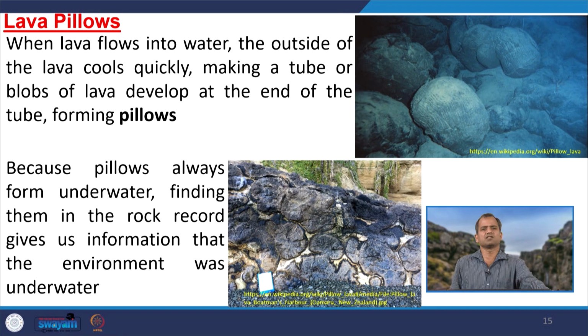Another is the pillow lava. It is very important. If you remember, when we talked about the divergent plate margin system, we talked about the pillow basalt, which is layer 2. Layer 1 was the sediment and layer 2 was the pillow basalt. So, this is the pillow basalt or the pillow lava. It is very sensitive to aqueous or subaqueous environments.